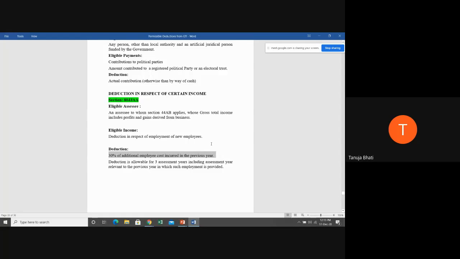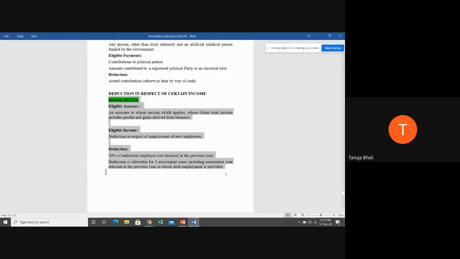Whatever cost is incurred for employing new employees, 30% of that, incurred in the previous year, will be allowed as deduction. And this deduction is allowed for 3 assessment years, including the assessment year relevant to the previous year in which the employment is provided. So if in the previous year employment is provided, for the next 3 assessment years deduction will be given, that is 30% of additional employee cost incurred in employing the new employees.